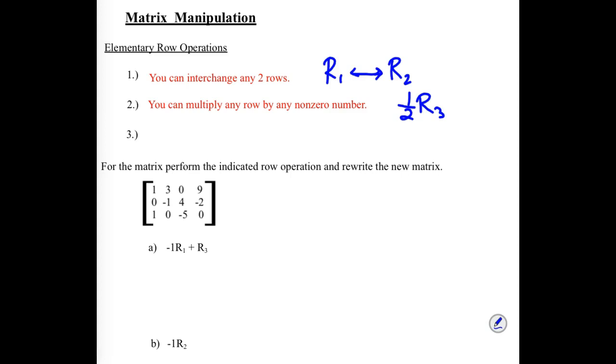And then the last thing that we're allowed to do, we can add a multiple of a row to another row. We can add a multiple of one row to a different row. So maybe I want to take -2 times row 1 and add it to row 2.